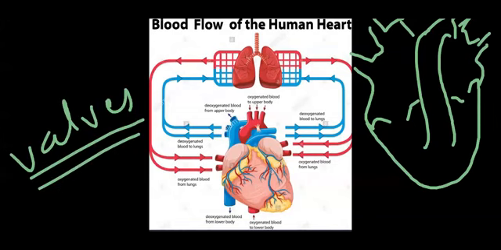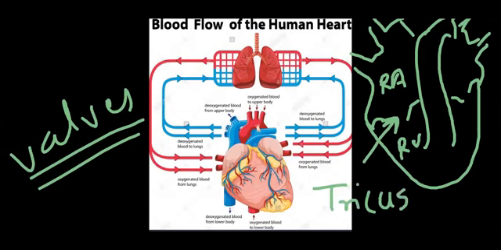Four valves are there. So children, the valve that is present in between the right atrium and the right ventricle is known as the tricuspid valve. Tricuspid, remember this name, children.